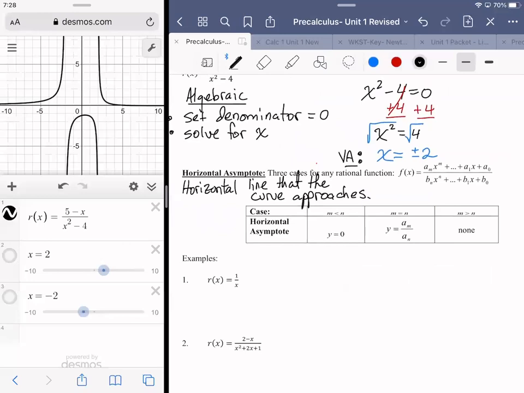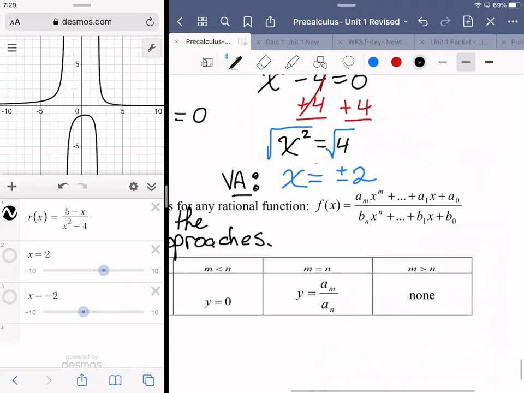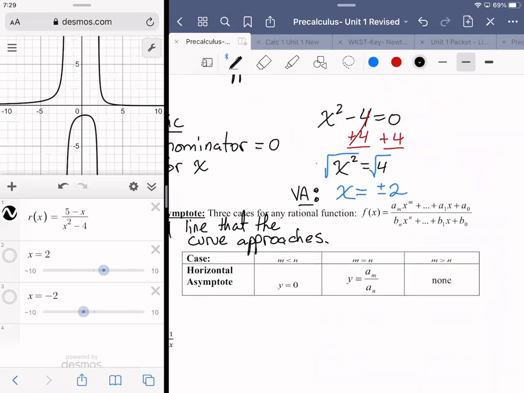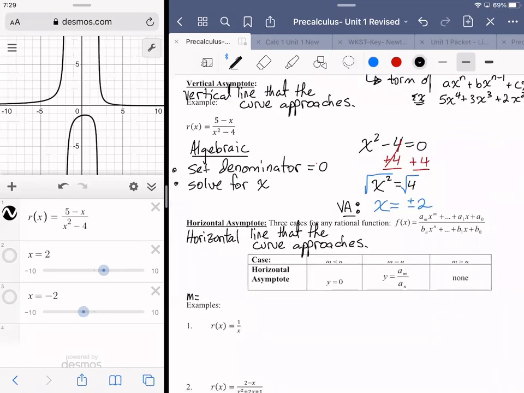All right, but we do have some rules that'll become clearer when you get to calculus and you start talking about limits. And that is these M and N rules, right? So we have the full-blown formula for a rational function in its full glory. The M and N values represent the highest power in the top and bottom of the fraction. So the M is the highest power in the numerator. N is the highest power in the denominator.